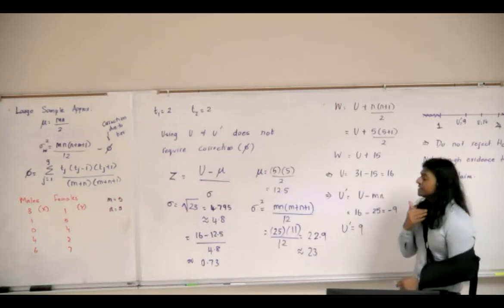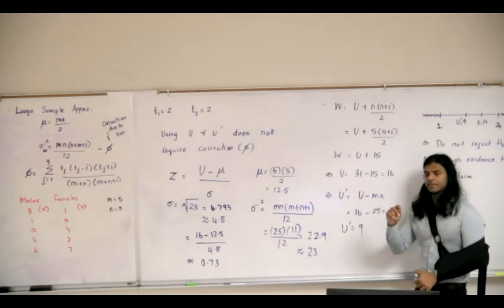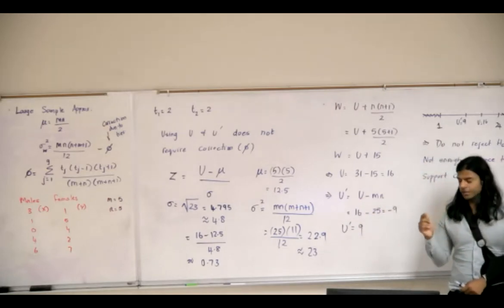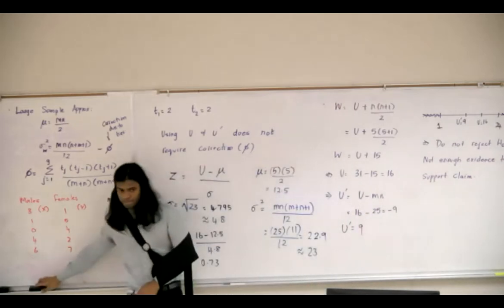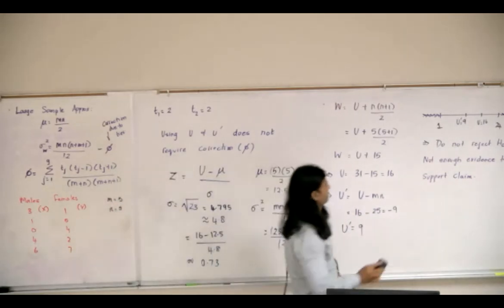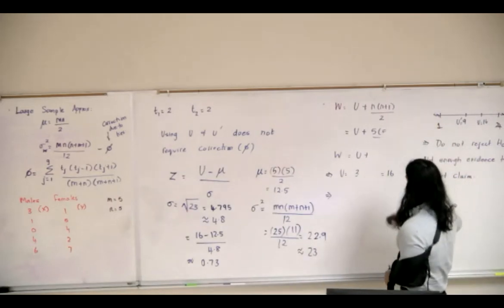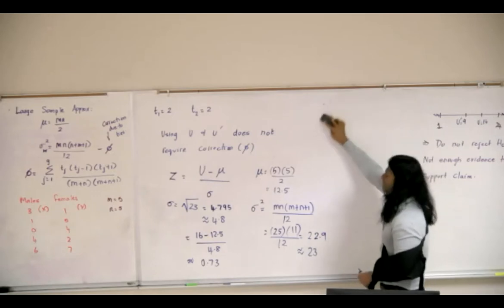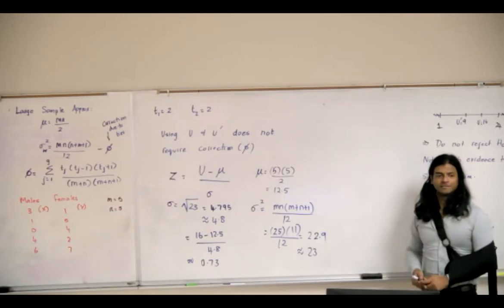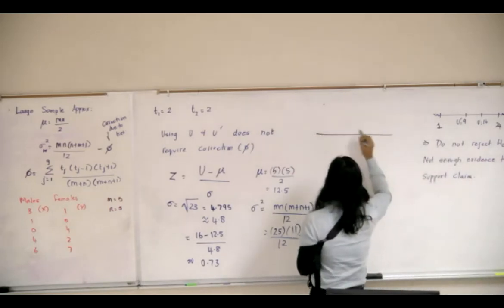What distribution do we use to do a large sample approximation? Every single large sample approximation, what did we use? Normal CDF, normal PDF, excuse me, inverse norm.